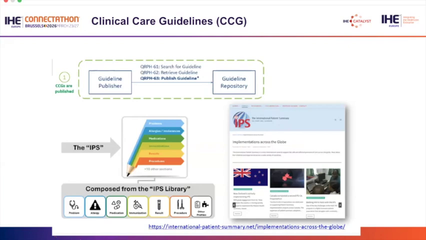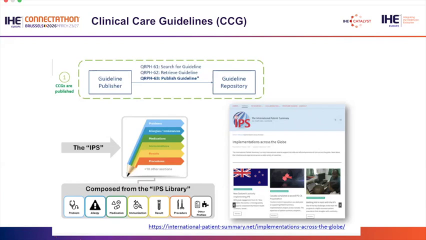The first part is the publication of a guideline. We have a number of transactions to be able to publish and retrieve guideline information. This current profile is written with a dependency on IPS as a data model, but there's an expectation that if it is not IPS as your data model, you're free to use whatever national model or regional model that you need to define your guidelines.